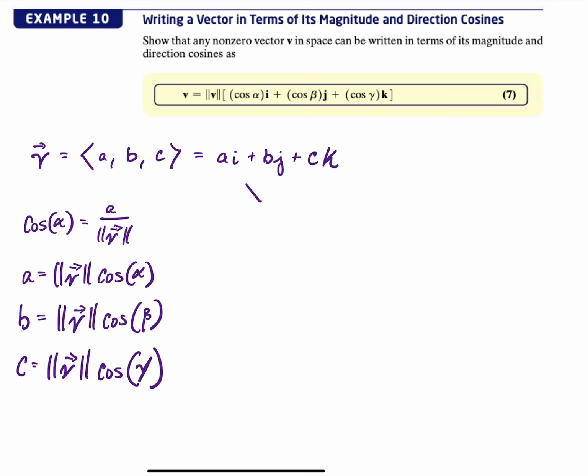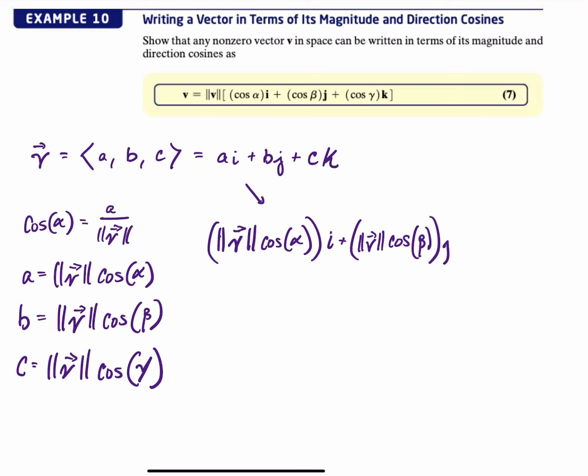So that means we can write it as magnitude of v times cosine alpha i plus magnitude of v times cosine beta j plus magnitude of v times cosine gamma k. And we can factor out the magnitude since they all have that term.